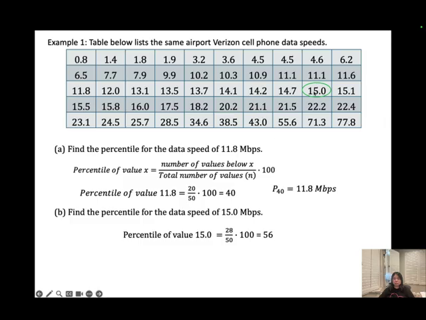Okay, you should get 28, right? 10, 20, and then 8 data here. So 28 divided by 50 times 100 equals 56. So the data speed of 15 is the 56th percentile.